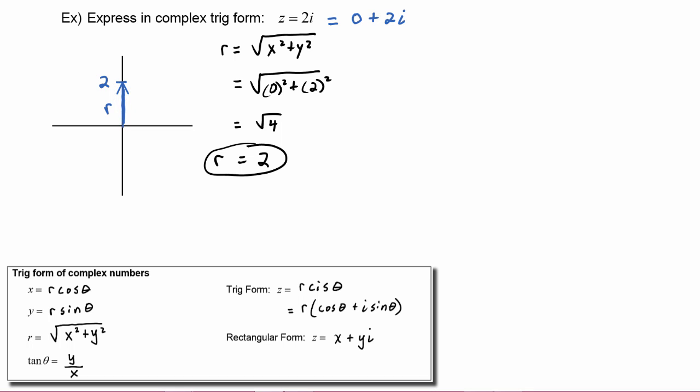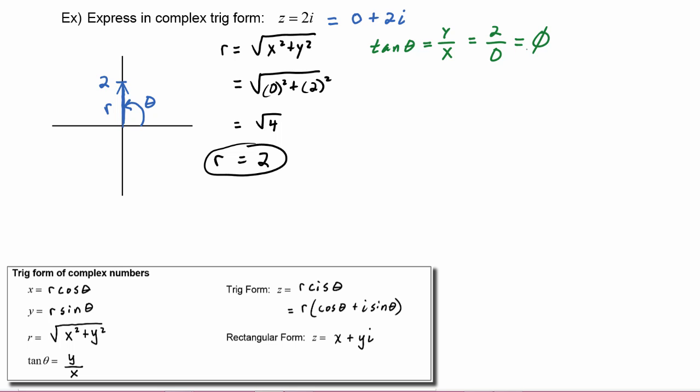Likewise, it's pretty easy to see what theta is in the picture without having to do a calculation. But I want you to see that it would work out even if you did do the calculation. We know tangent theta is equal to y over x, which is 2 over 0, which is undefined.